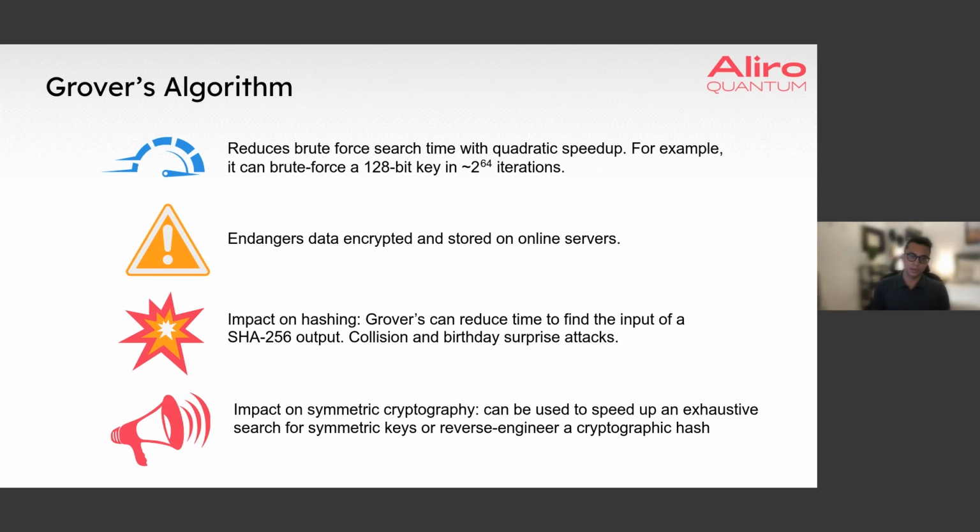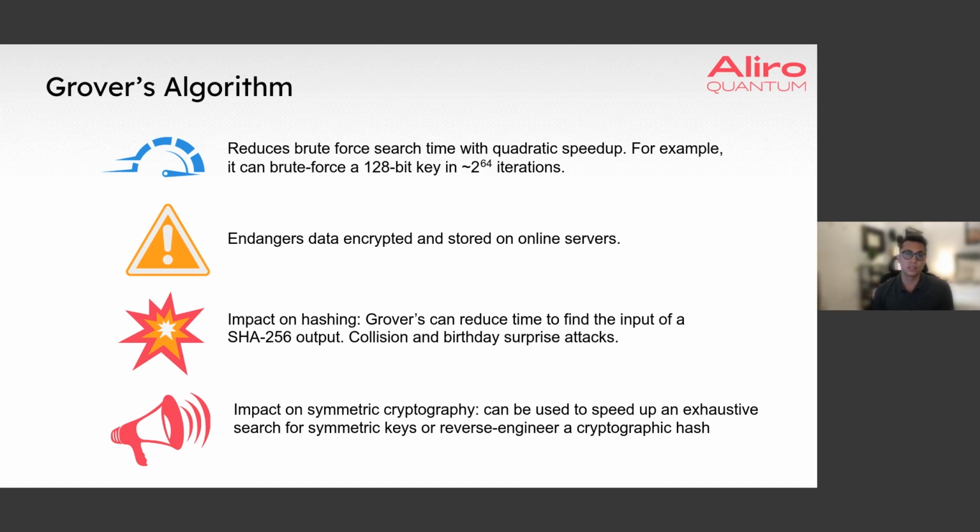So let's take an example. If we want to crack a 128-bit key, we can do that much faster with Grover's. The way it was done traditionally with a regular computer, if we're searching for a 128-bit key that successfully decrypts a ciphertext, we'll have to search over all 2 to the 128 possible keys.